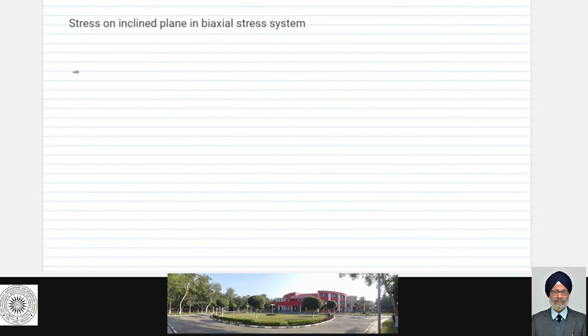Say this is a stress element, and say it is having the stress in the x direction is sigma x, and stress in the y direction is sigma y.